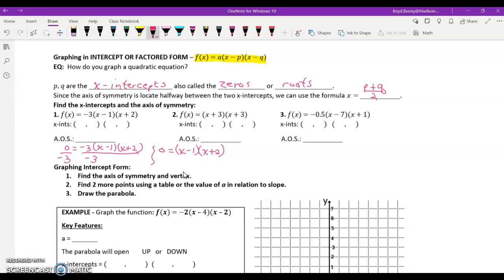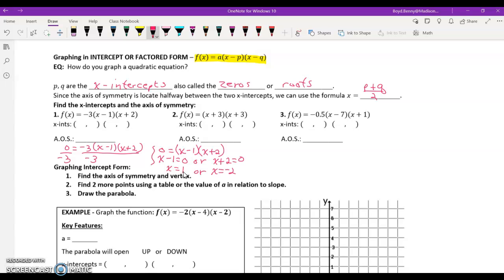To find my intercepts, or my zeros, I'm going to place each factor equal to 0 and solve, just like we did back when we factored to solve quadratics. And so I can see the x that makes this equal 0 is positive 1 or negative 2.